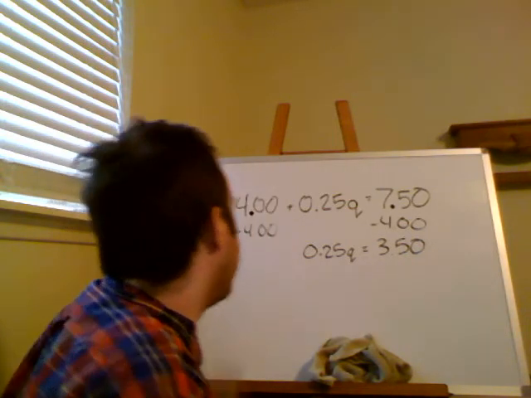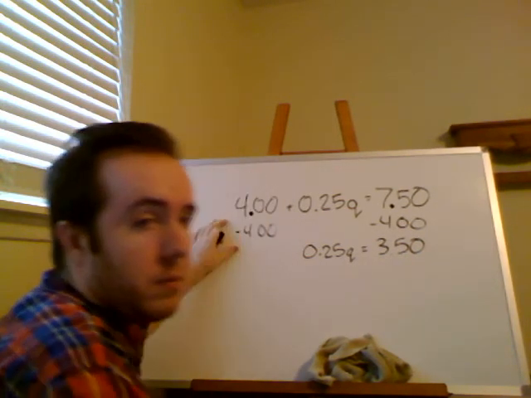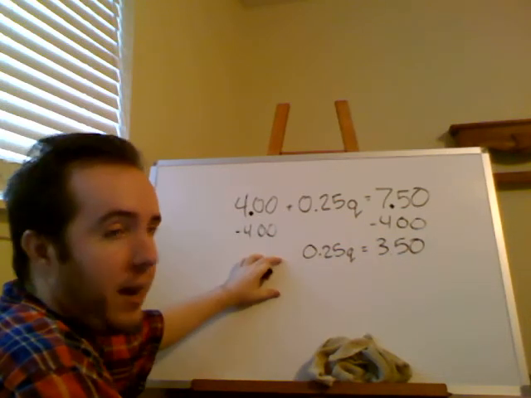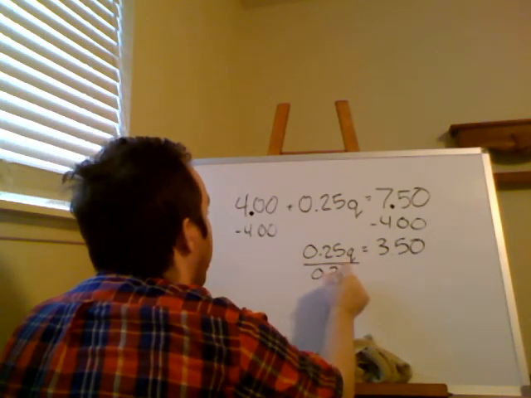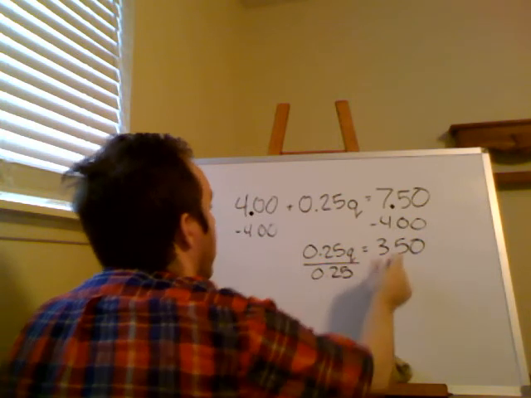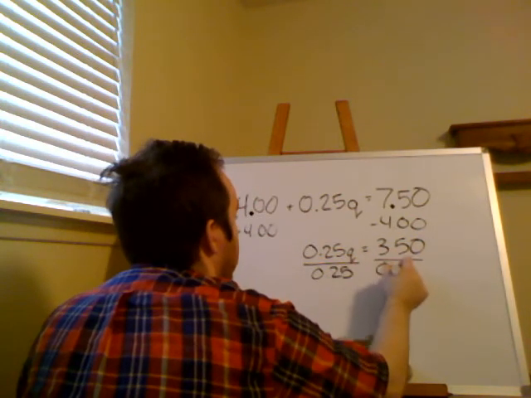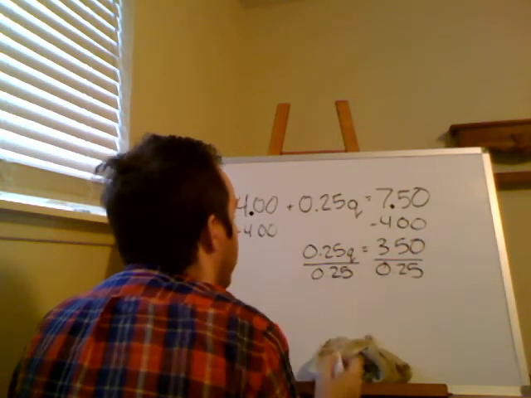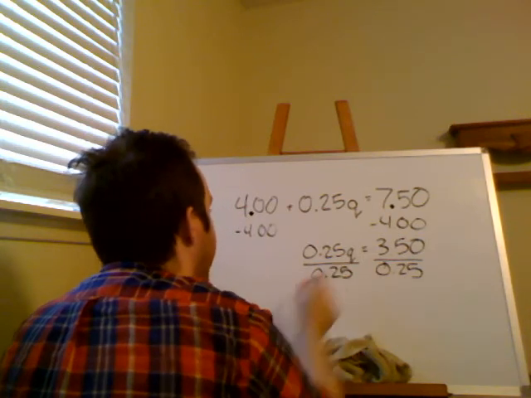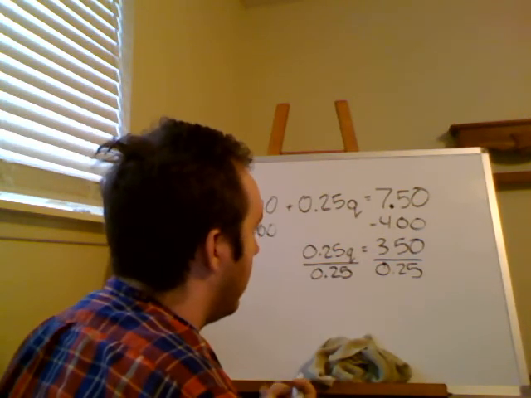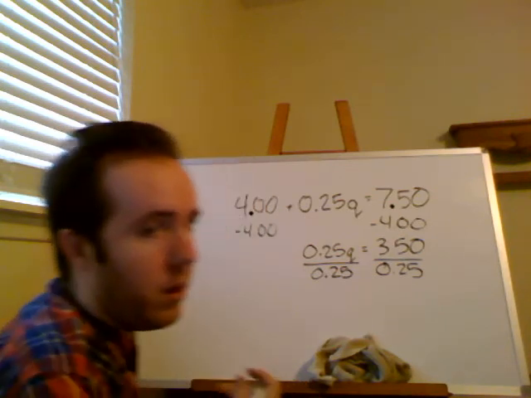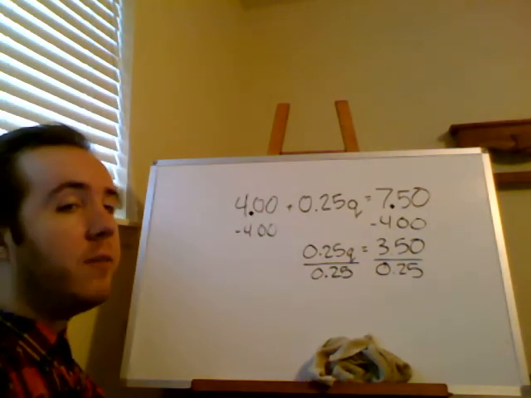So the first step was subtract the starting amount. The second step is divide by my rate. So divide by 0.25. Now, some of you may be intimidated by a division problem with decimals. Okay? And earlier we saw 10 divided by 2.